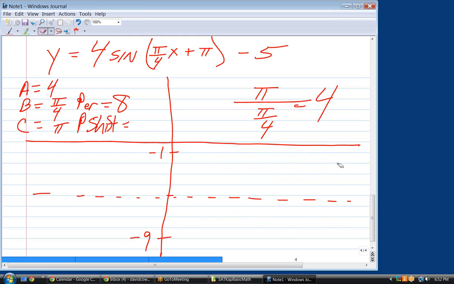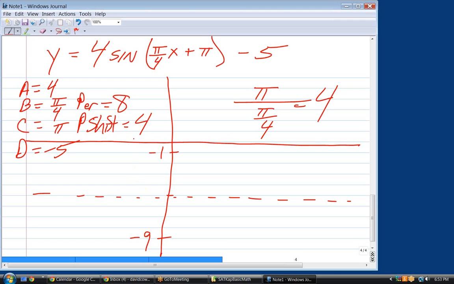Okay, so how do we start drawing this? What's the next step? If we know we have a phase shift of 4 and D of minus 5, well, we've already got the D of minus 5 drawn in here. Where do we start the curve? Well, you have to move it all over 4 to the left.